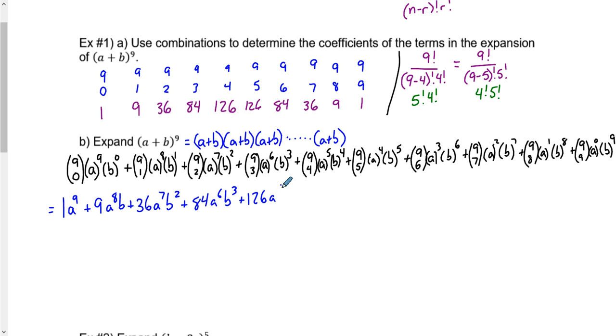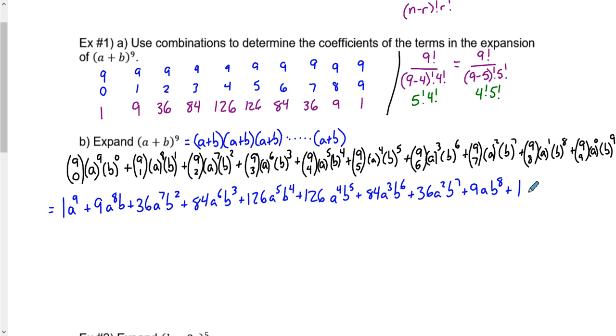126, a to the power of 5, b to the power of 4. Then we'd have 126, which is 9C5, a to the power of 4, b to the power of 5. 84, a to the power of 3, b to the power of 6. 36, a squared, b to the power of 7. 9, a, b to the power of 8.